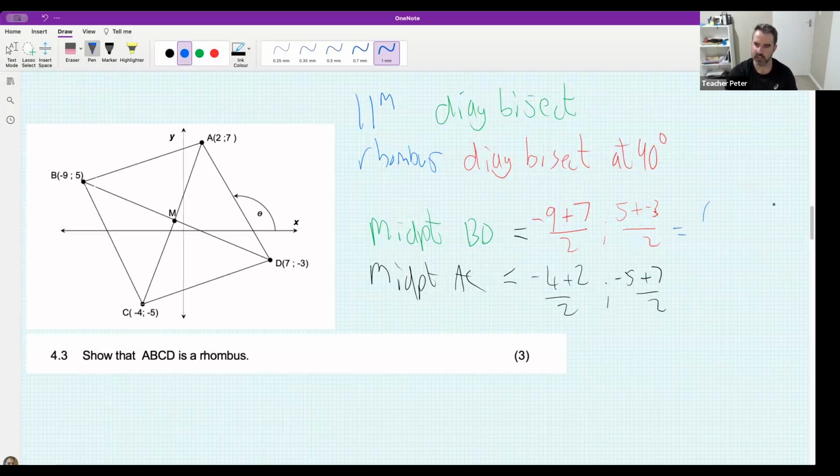What are you guys getting for your midpoints?